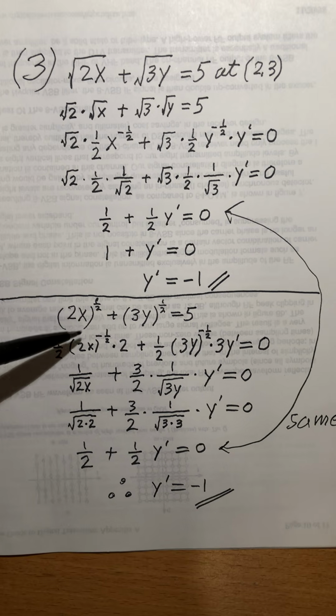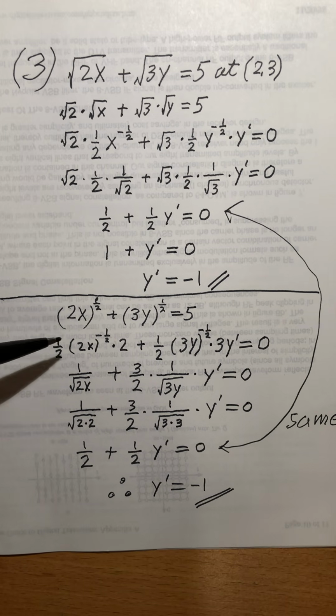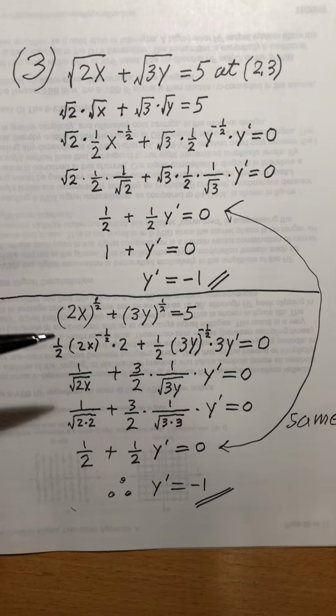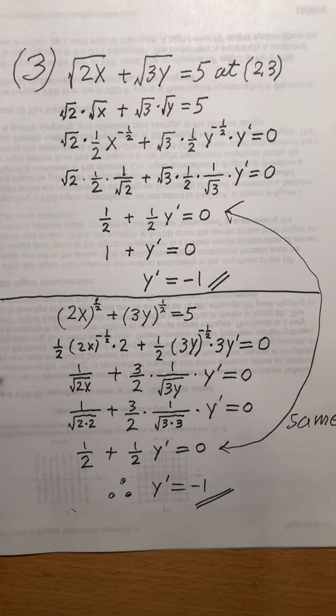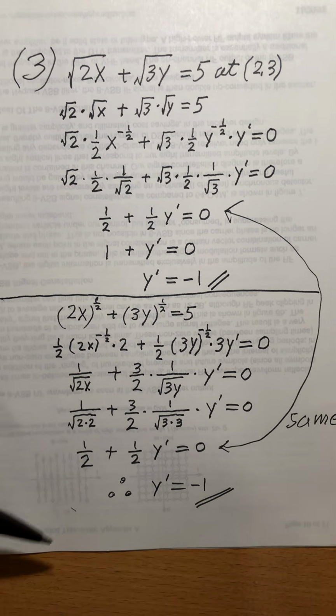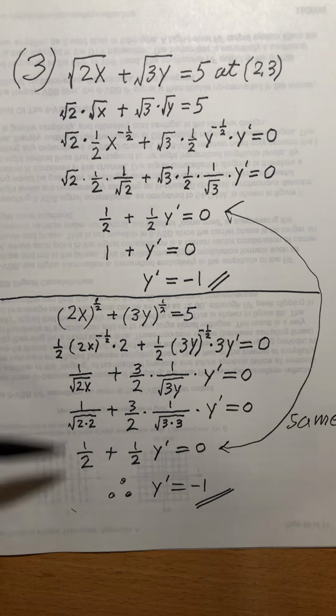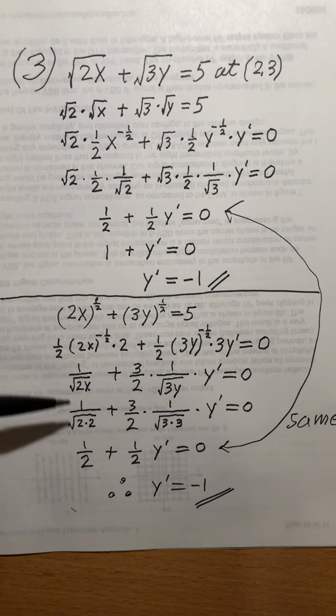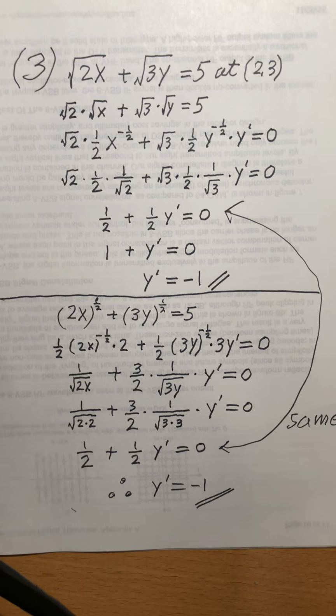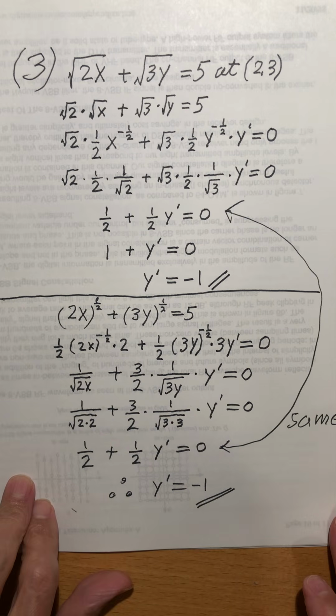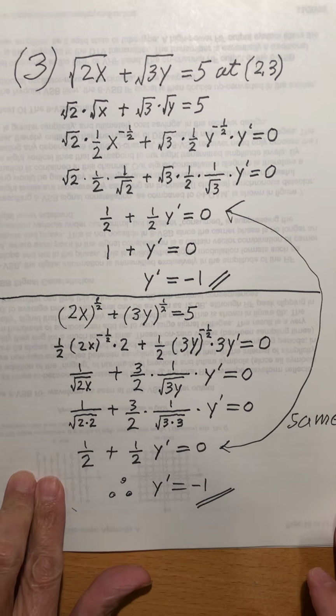The 2x goes to the power 1/2. Of course, the answer is the same. So which way do you prefer? It looks more or less the same number of steps, so it actually doesn't matter too much. It's a purely personal preference. Okay? Good. Next question. Number 4.